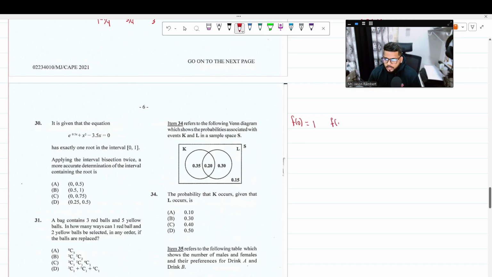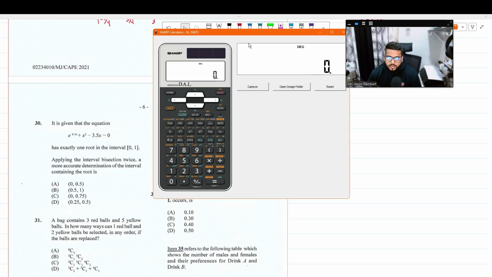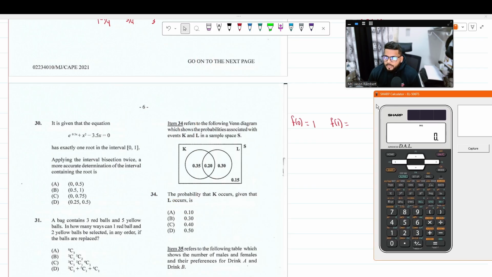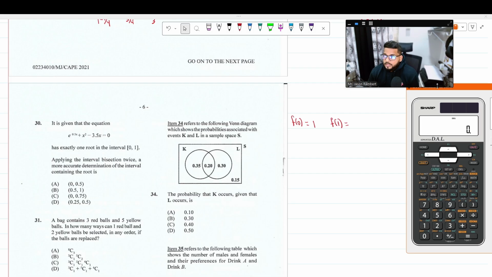And f of 1 is, let's plug it in. Alright, so plugging in f of 1, just take your time when you're plugging these functions into your calculator, right? E to the power 0.5, so I put that in brackets, e to the power 0.5 plus 1 take away 3.5.